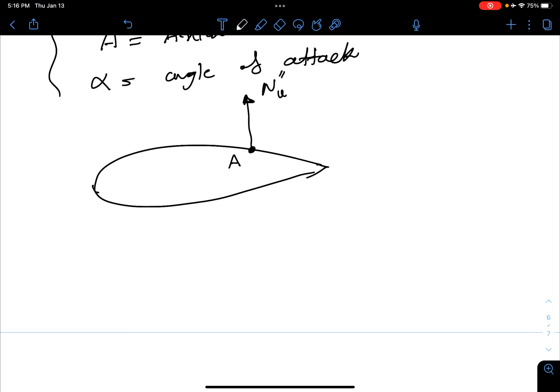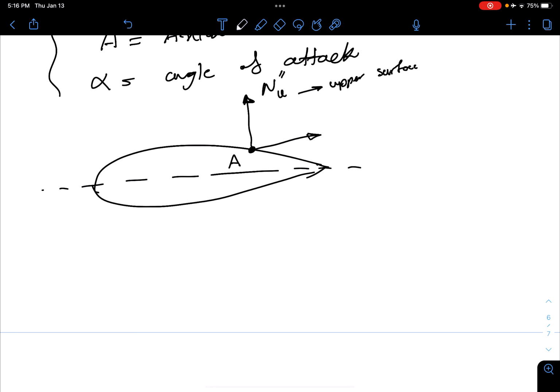And this U stands for upper surface. And again, N has to be perpendicular to the chord length. And we're going to have the same thing for axial force, which is axial to the chord line, which is tangential to the chord line. What is the direction of pressure and shear here at this specific location?